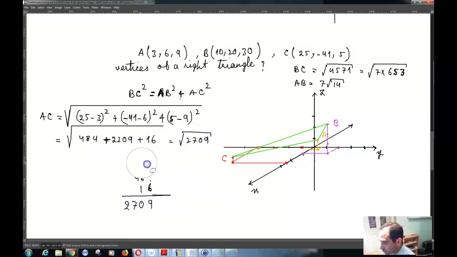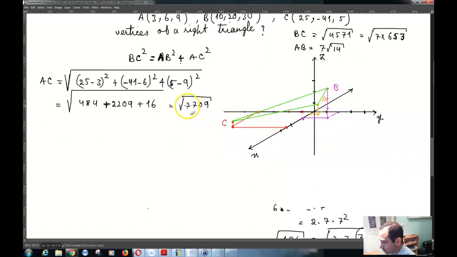Now the square root of 2709 is equal to... it's divisible by 3 because 2 plus 7 plus 0 plus 9 is equal to 18, and 18 is divisible by 3. So 2709 divided by 3 is equal to 903.